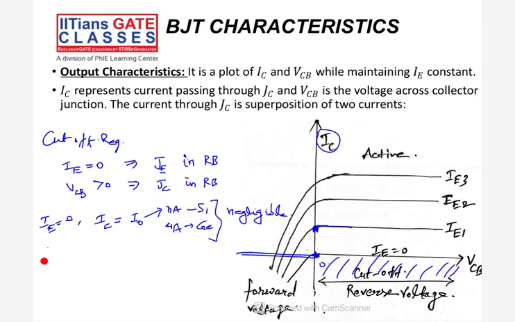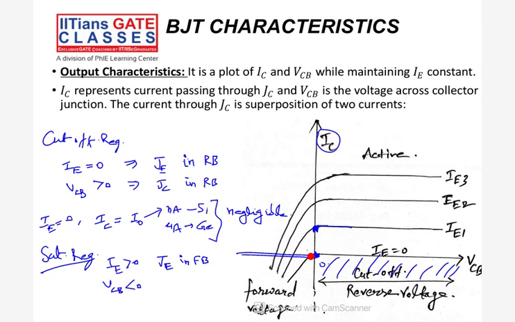Now next will be the saturation region. In the saturation region, what is happening? I'll have an IE that is greater than 0. If IE is greater than 0, my emitter junction will be forward biased. And the second thing, VCB will be less than 0.